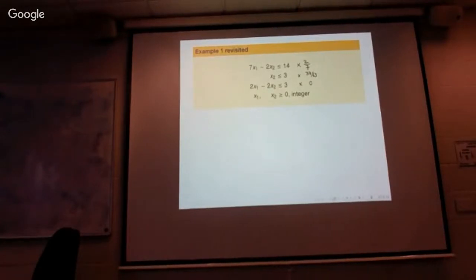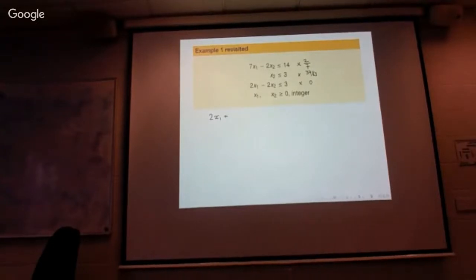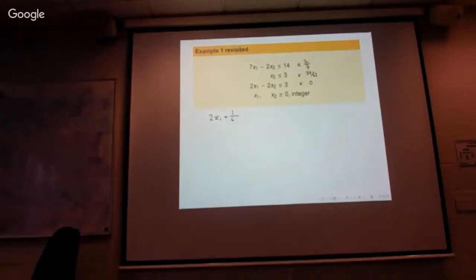So when you add them all together, what you get is 2x1 plus apparently 1/63 x2 is less than or equal to 121 divided by 21. Okay.